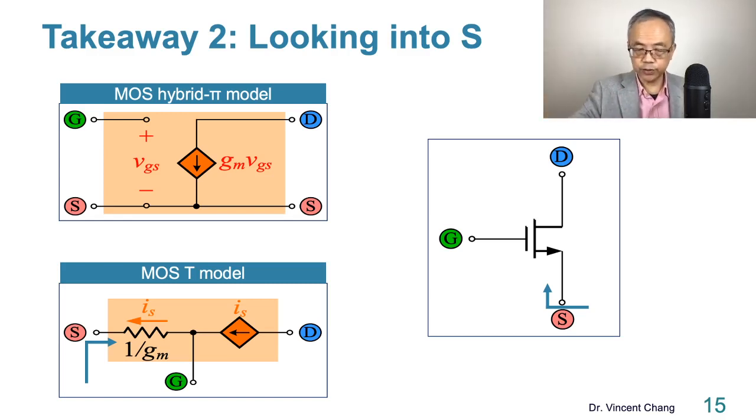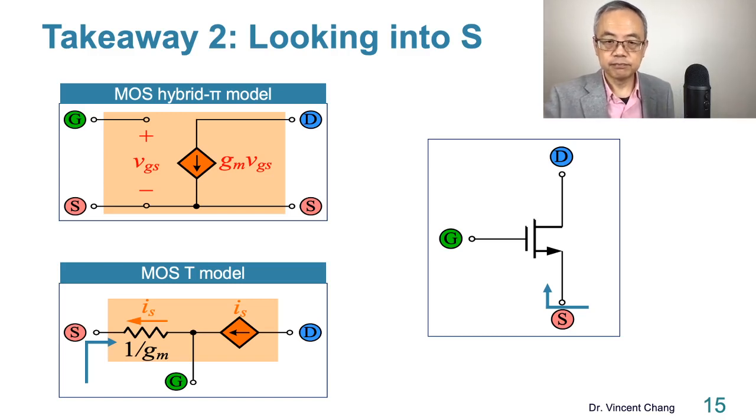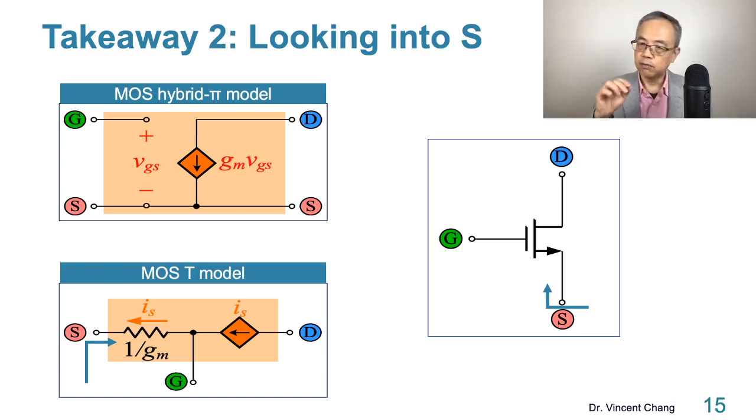If I ask you what is the resistance between gate and source, I expect you to ask me back, sir, which terminal am I supposed to look into? Looking into the gate is infinite, looking into the source is 1 over GM.